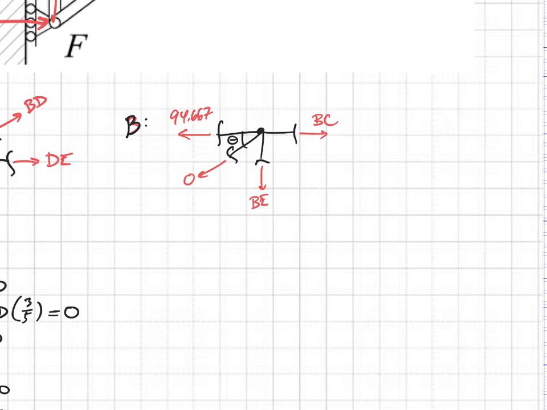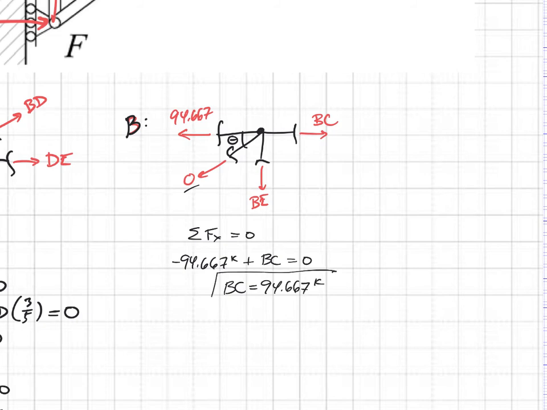Okay, so let's go in the x direction. Sum of the forces in the x direction equals 0, and I get negative 94.667 kips. I'm not worried about that 0 because it's a 0. I'm going to do plus BC equals 0, so BC equals 94.667 kips. Note, I assumed that it was in tension, so it is in tension, so 94.7 in tension for BC.